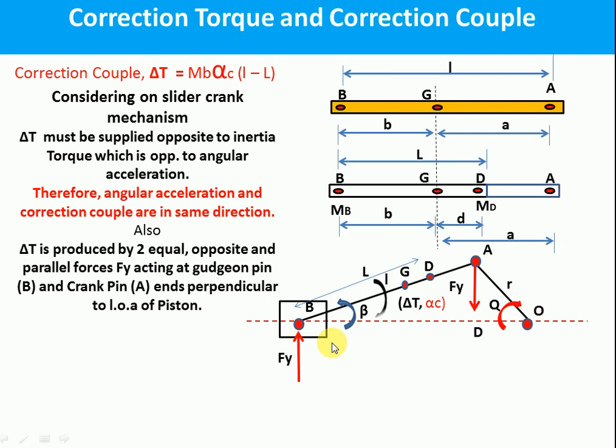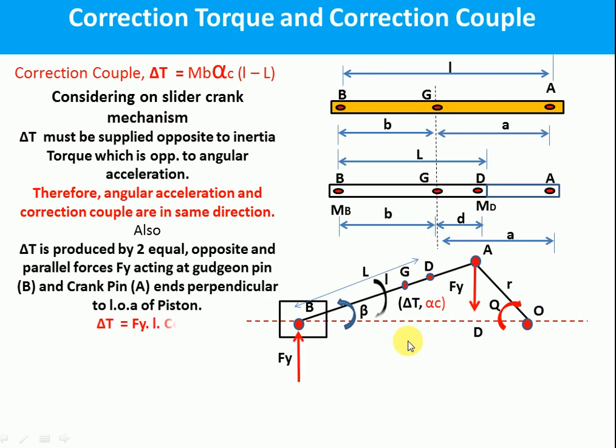So delta T can be written as the force into the perpendicular distance, that is Fy into distance. If this angle is beta, we have drawn a perpendicular, so this will be L cos beta.